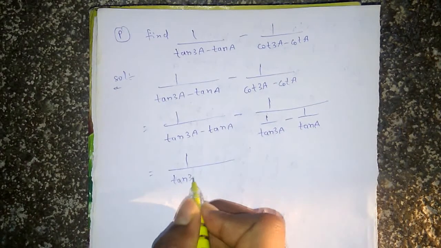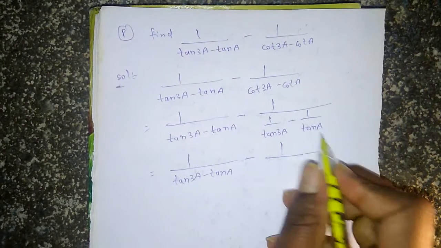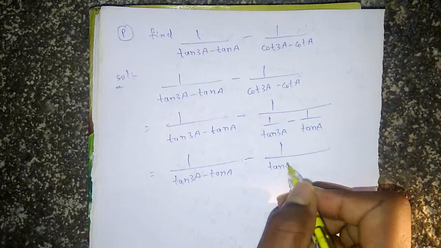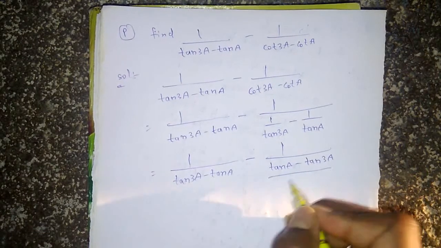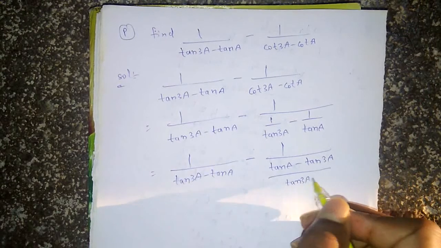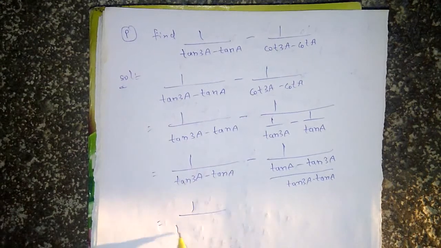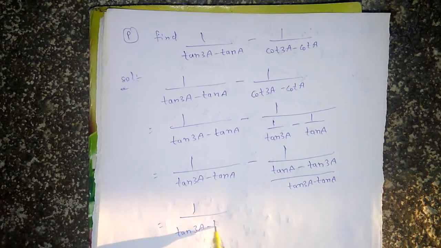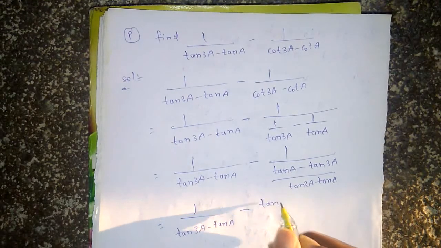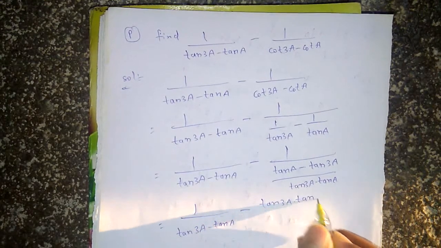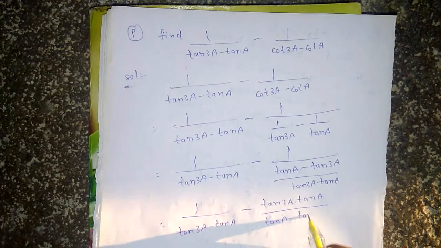This is tan 3a minus tan a. Here take LCM, you will get 1 into tan a minus 1 into tan 3a, divided by tan 3a into tan a. So this is 1 by tan 3a minus tan a minus, this goes to the top, tan 3a tan a divided by tan a minus tan 3a.